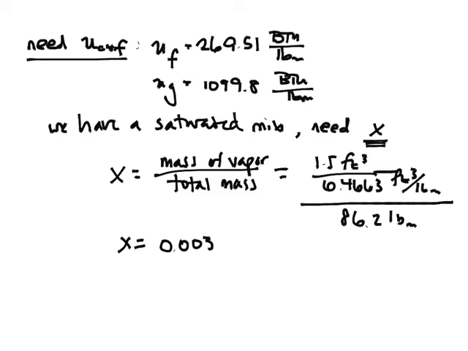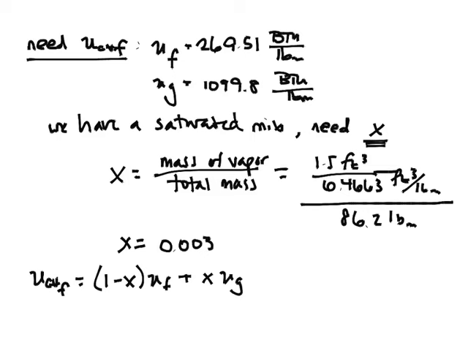Okay, so now we're ready to find our specific internal energy of our control volume at the final state, which is going to be (1 minus x) times u_f plus x u_g. And notice that this is a slightly different form of this equation. Your book uses the u_fg and the x form. That's just a rearranged form of what I've written here.